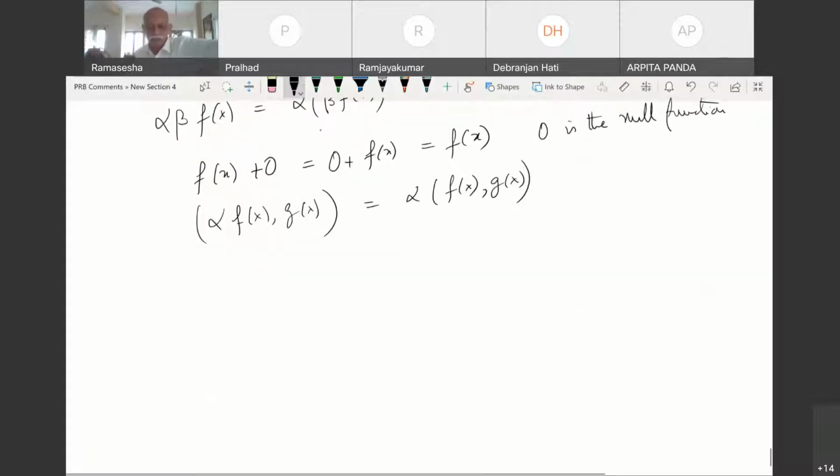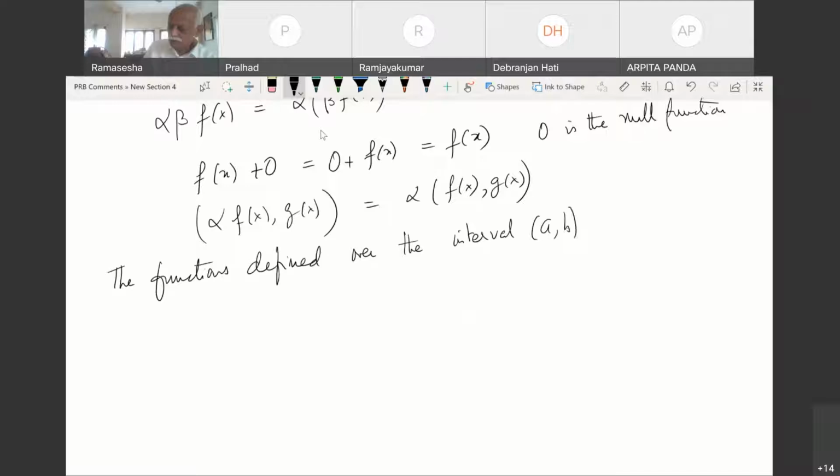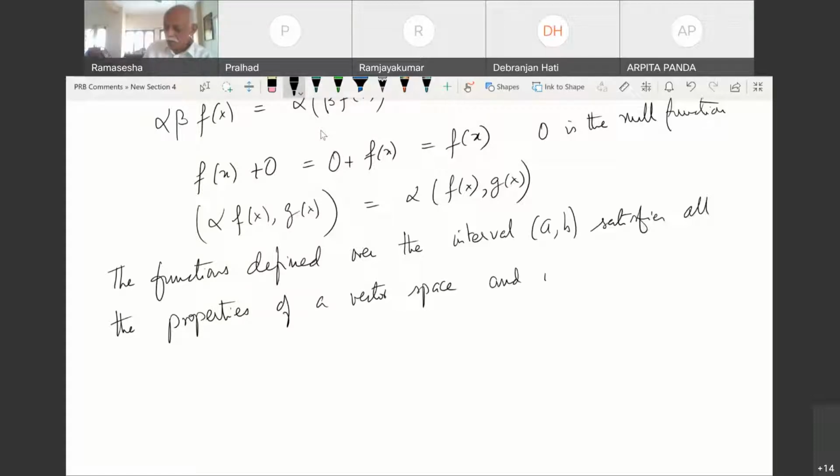So that way, these functions defined over the interval a comma b satisfy all the properties of a vector space, and it's called a function space because you are now dealing with functions. It is called a function space.